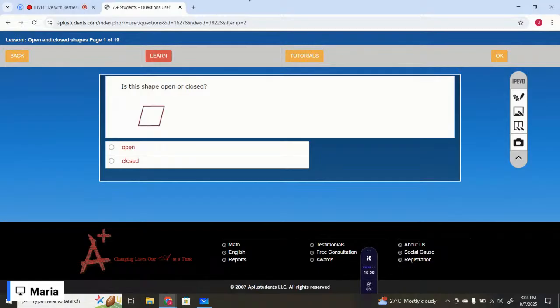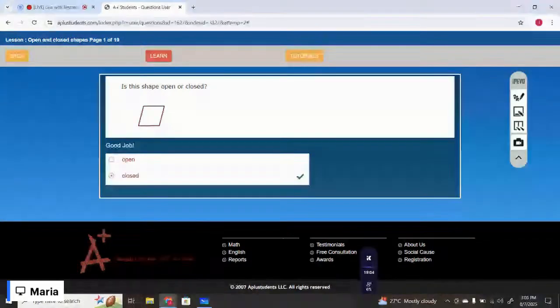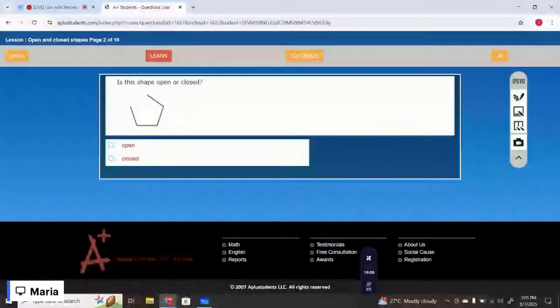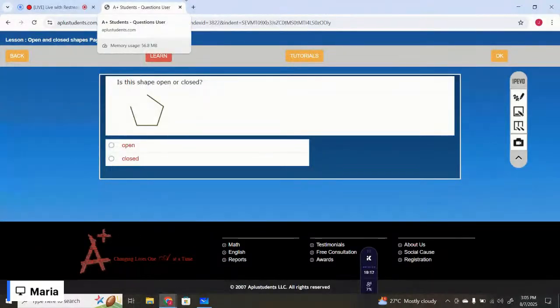Closed. If you trace the shape, you start and end at the same point. Okay, is the shape open or closed? Yes, open it is. Option number one is the correct option. Very good.